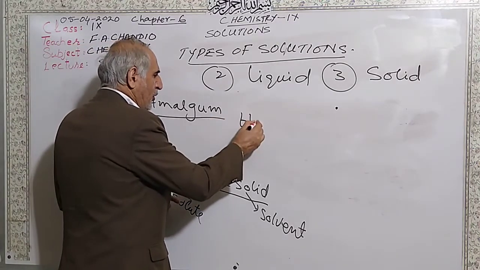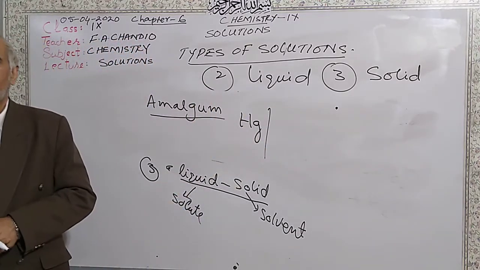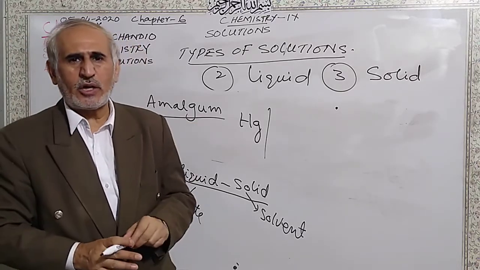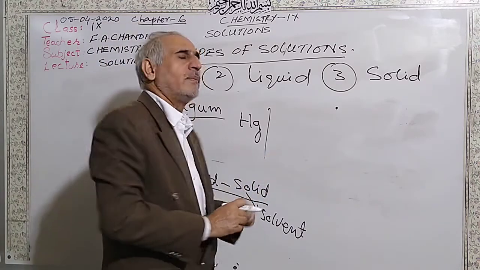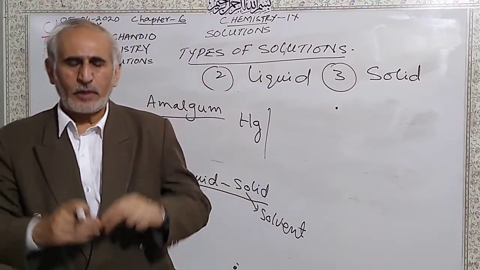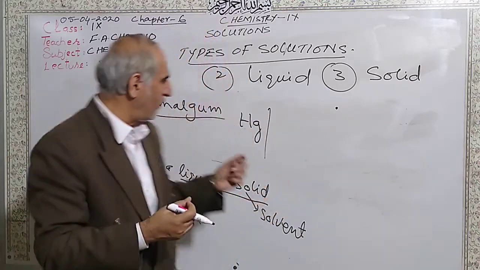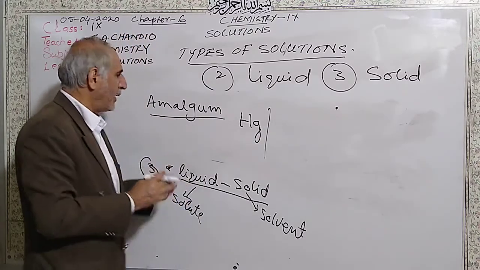Mercury is Hg, liquid. So when mercury is dissolved in solids, it is called amalgam. When you are making the solution of mercury with another solid metal, it is called amalgam.